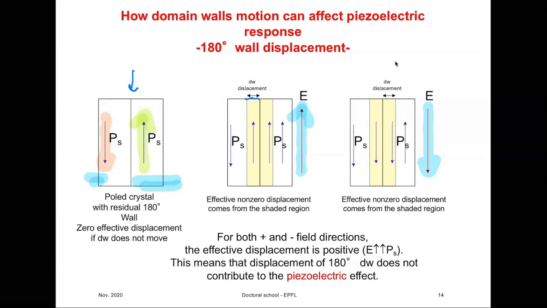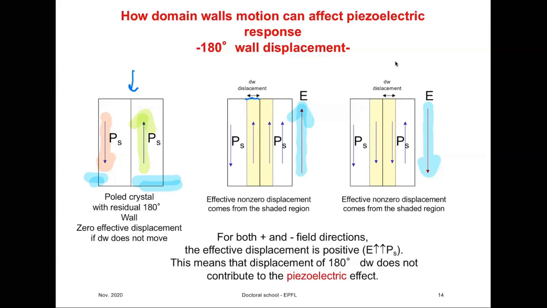Here, since the field is along polarization, it will, for example, expand it. And in this case, the field is still in the same direction as net polarization and will also expand it. So application of the field in both cases expands the crystal. That's not a piezoelectric effect.